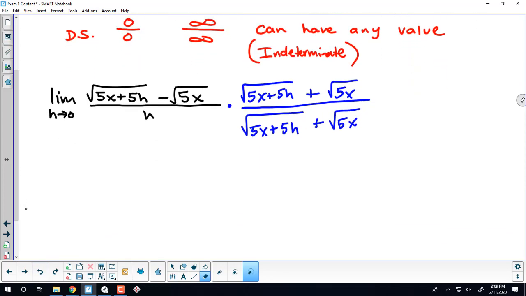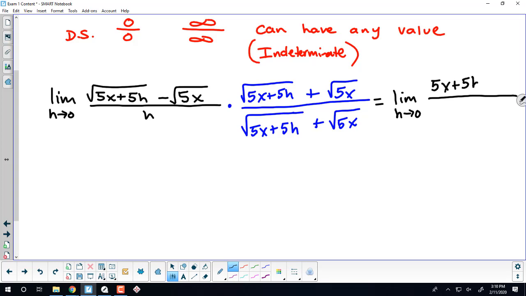Okay, so when we multiply the numerator out, what do we get? 5x plus 5h minus 5x. Yeah? Combine like terms. Do y'all agree? And we'll combine like terms.